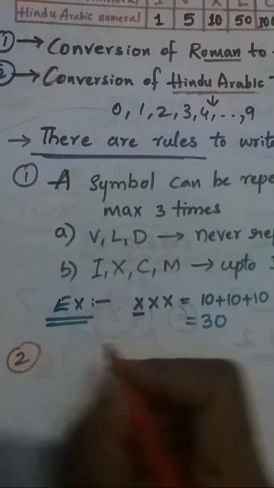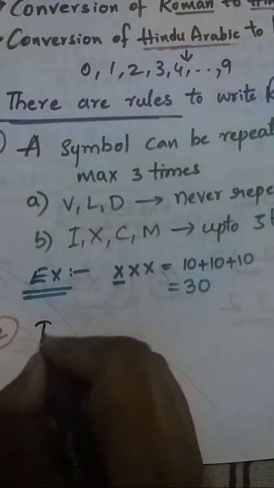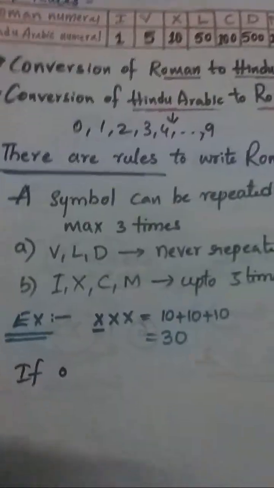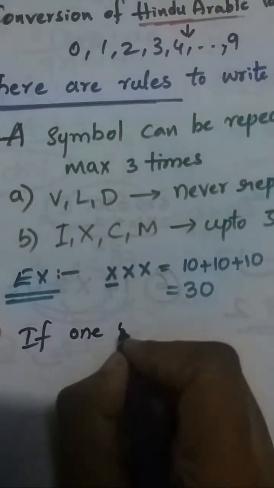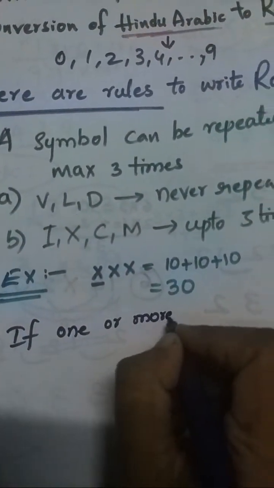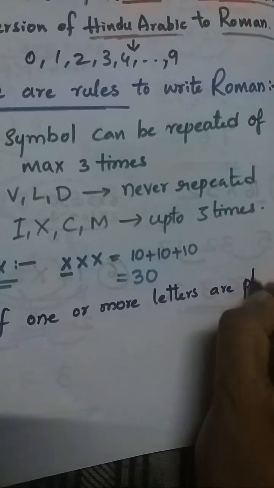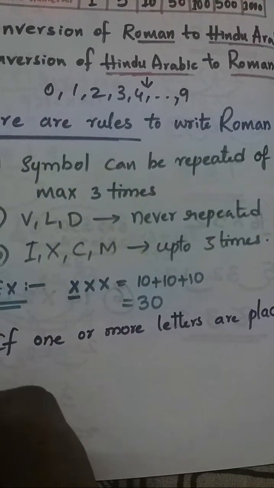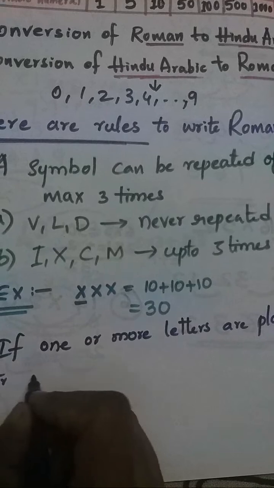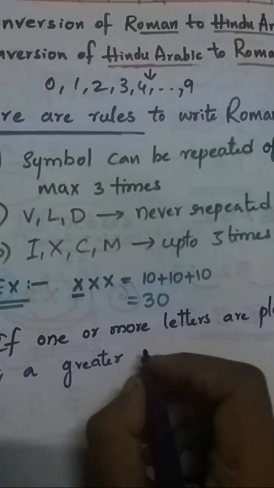The second rule is: if one or more letters are placed after a greater value, it means addition.